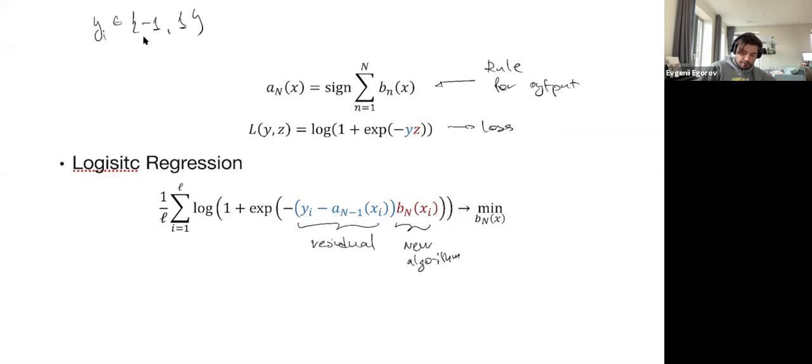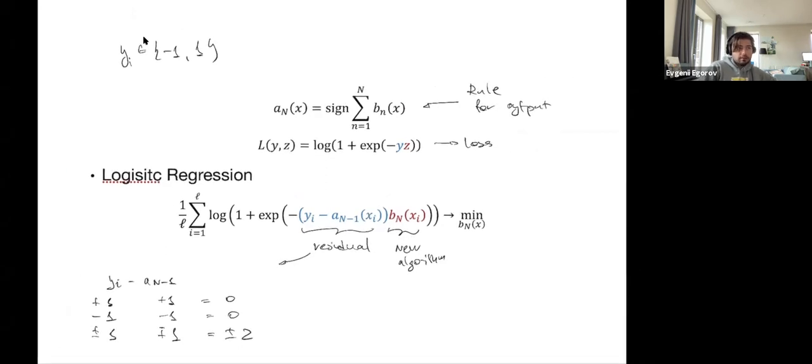Then we could say what the residuals will be here. This could be +1, and this will be +1, so it will be 0. This will be -1, and this could be -1, so it would also be 0. And it could be plus minus 1 and minus plus 1 here, so it will be plus minus 2.